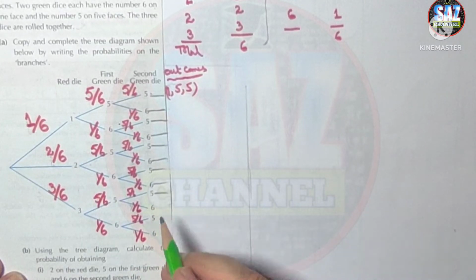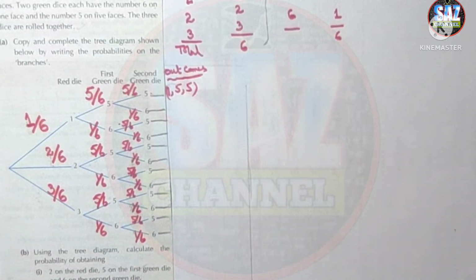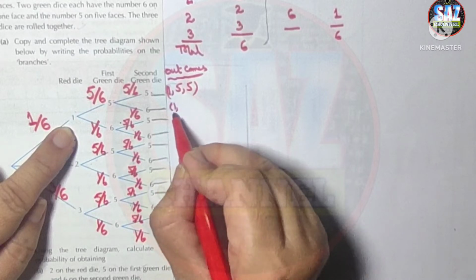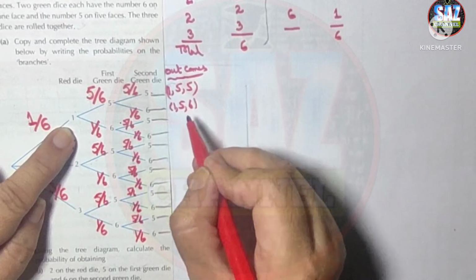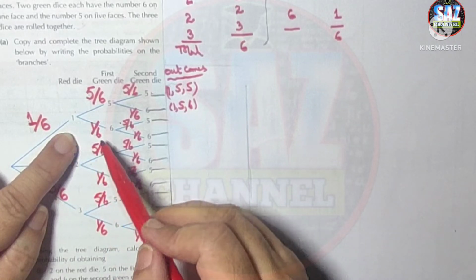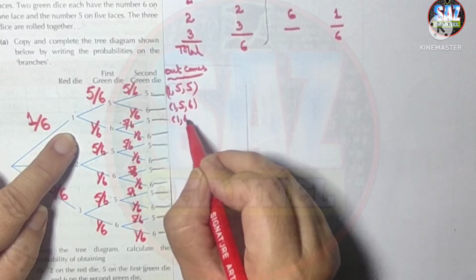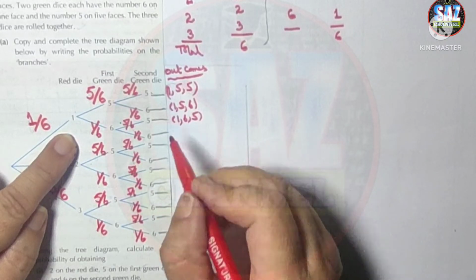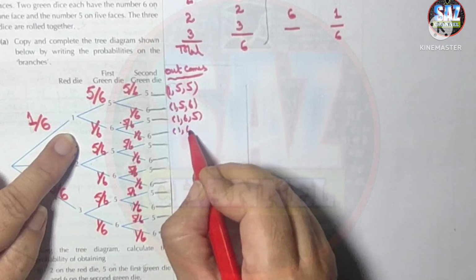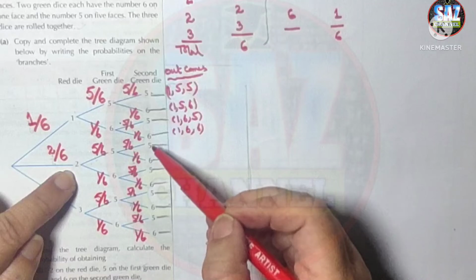Now 1, 5 and 6, then 1, 6 and 5, and then 1, 6 and 6, and with 1 we have done all 4 outcomes.